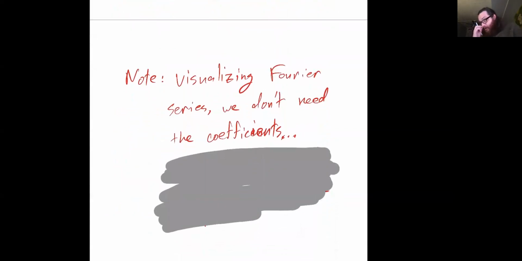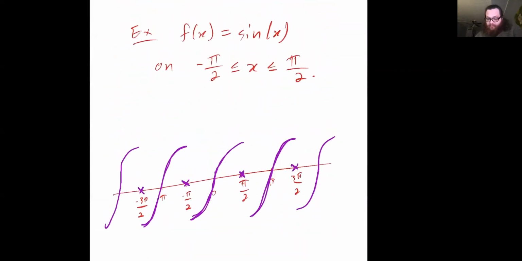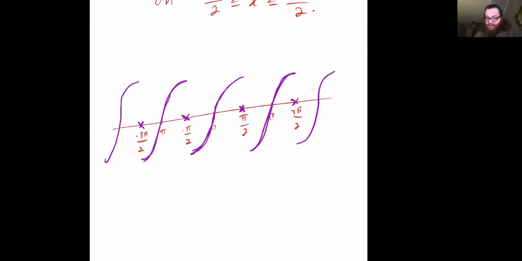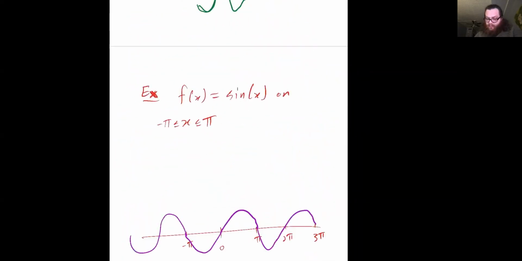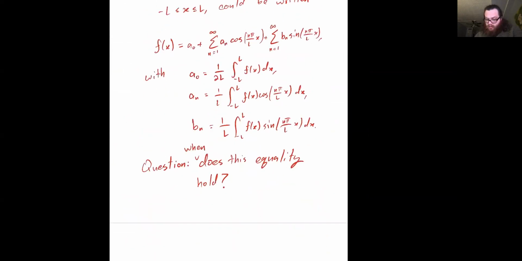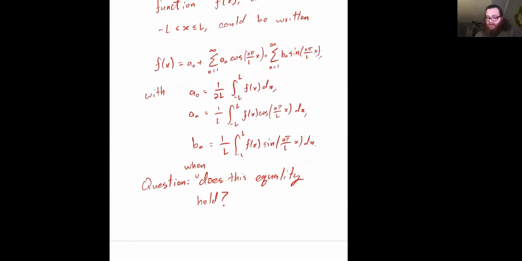One thing to note is that when we visualize Fourier series, we don't need the coefficients. Like here, we can compute the coefficients for this Fourier series. I can scroll back up. These are the Fourier coefficients, so we could plug in negative pi over 2 to pi over 2 of sine of x, compute all of these, and get that explicit series.